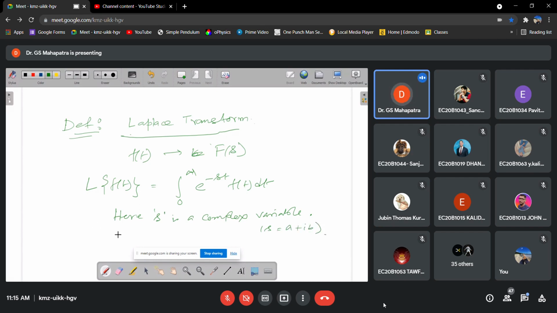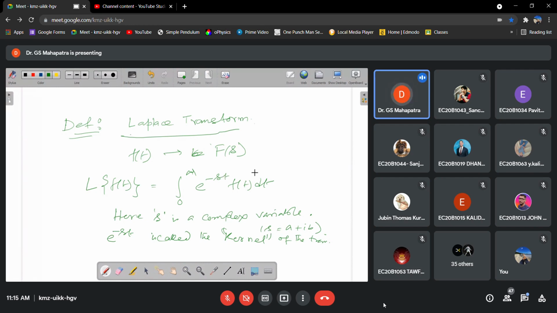And e to the power minus st is called the kernel of the transformation.